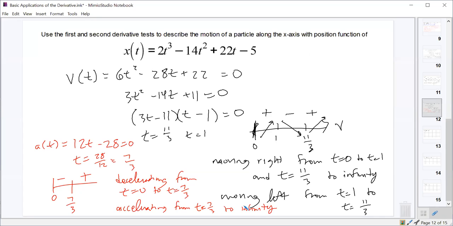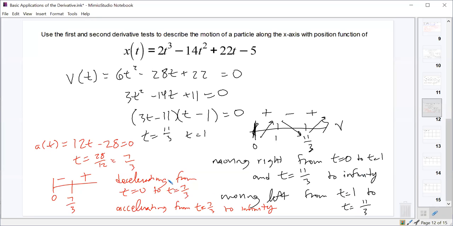I'm moving to the right, but I'm slowing down from t equals 0 to t equals 1. I'm decelerating because my velocity is getting smaller. And even between t equals 1 and t equals 7/3, when I'm moving to the left and still decelerating, I'm still getting smaller. I still have a negative velocity, and that is getting to be a larger negative number.